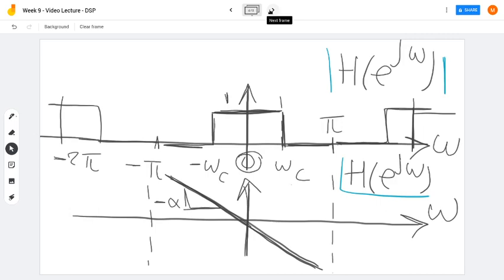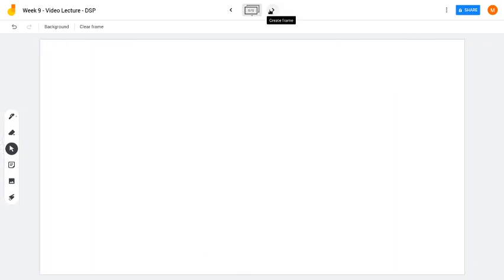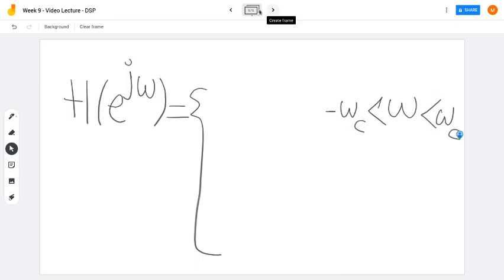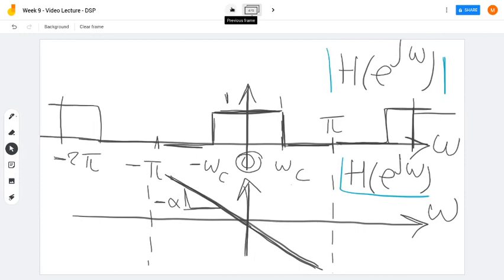So let's try to write an expression for this H of e to the power j omega. So H of e to the power j omega is equal to, in the interval where omega is larger than minus omega c and less than omega c, which is this interval from minus omega c to omega c, the gain is 1 and the phase is minus alpha times omega.